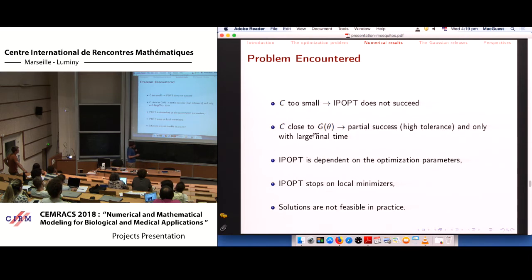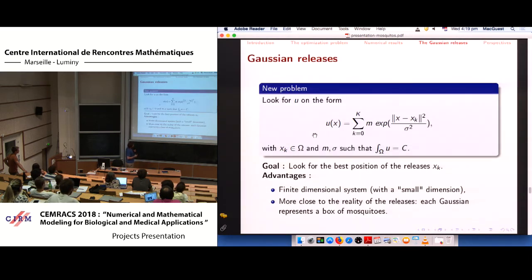So to deal with this, we thought about another problem, which is to restrict even more the kinds of controls that we were going to do, and so we considered controls where we're only releasing in several points. So here we're going to have k releases in space, and each release is going to be a Gaussian distribution, right? So just in a single point, okay?